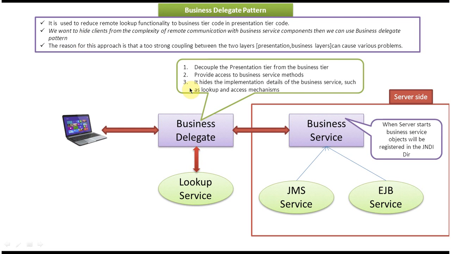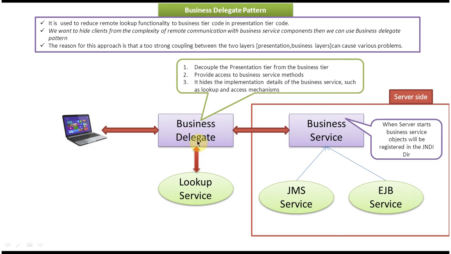Suppose the client wants to communicate with a business service object, say call one method in the JMS service. The client sends a request to the business delegate saying call the JMS service method.